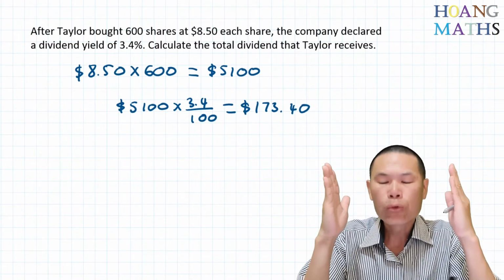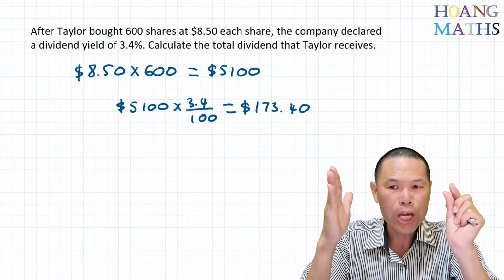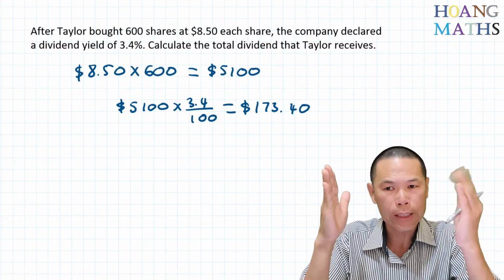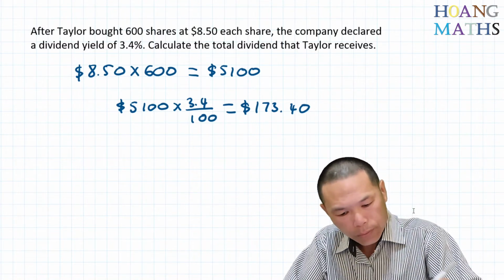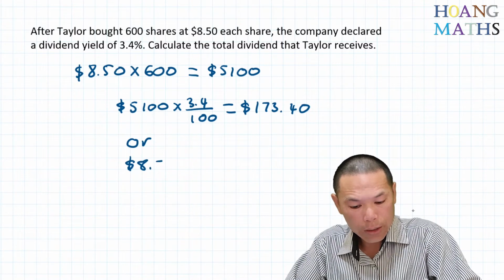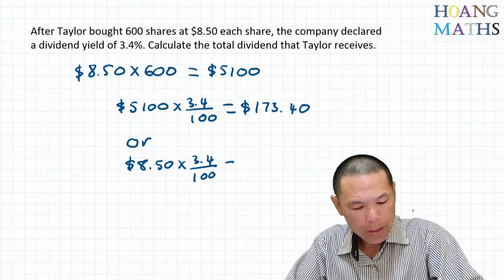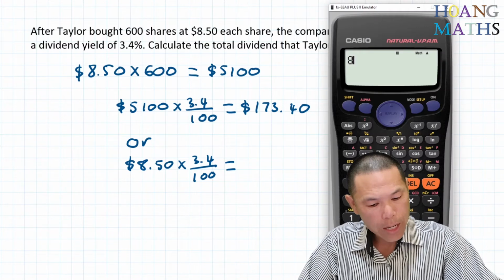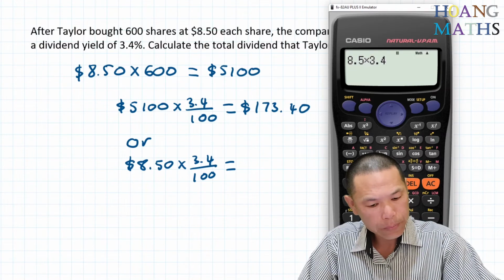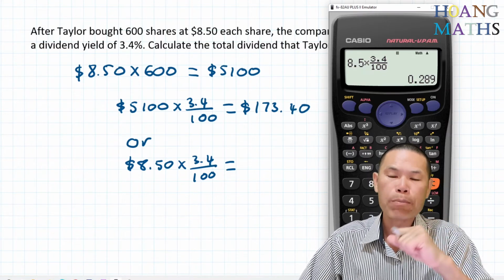Or you can work out 3.4% of $8.50 first. That will give Taylor the dividend for each share, and she has 600 shares, so we just times by 600. Let me just write this down. $8.50 times by 3.4%, that is equal to 8.5 times 3.4, which is $0.289 or 28.9 cents.